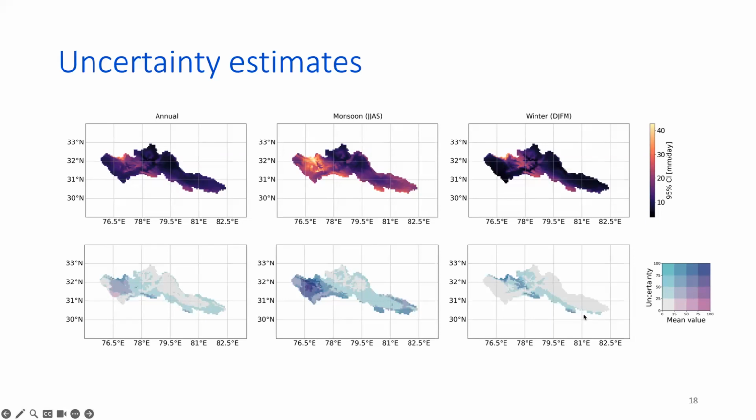Conversely, the areas shown in pink, even though the model is predicting very high precipitation values, it is very confident and has a smaller uncertainty interval. This makes sense because these are the locations where we had our high fidelity measurements.